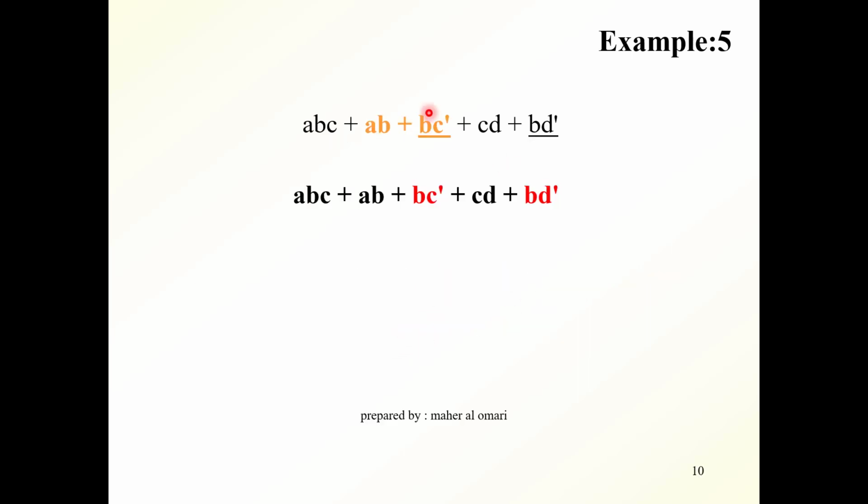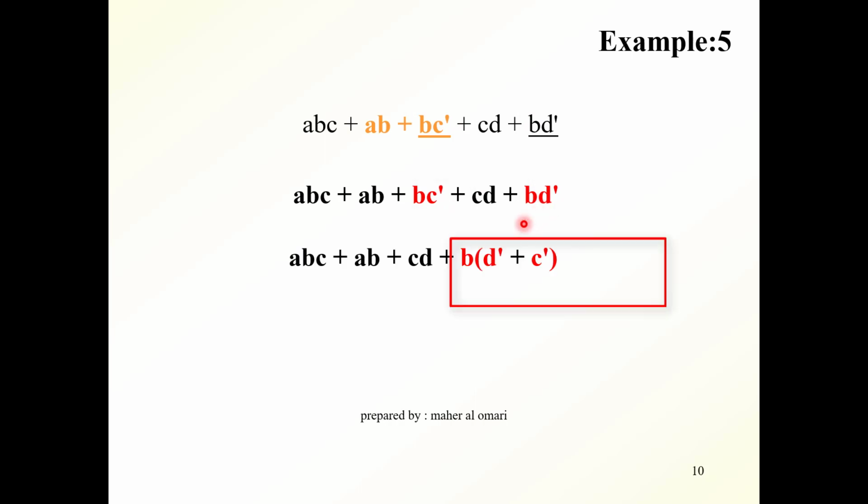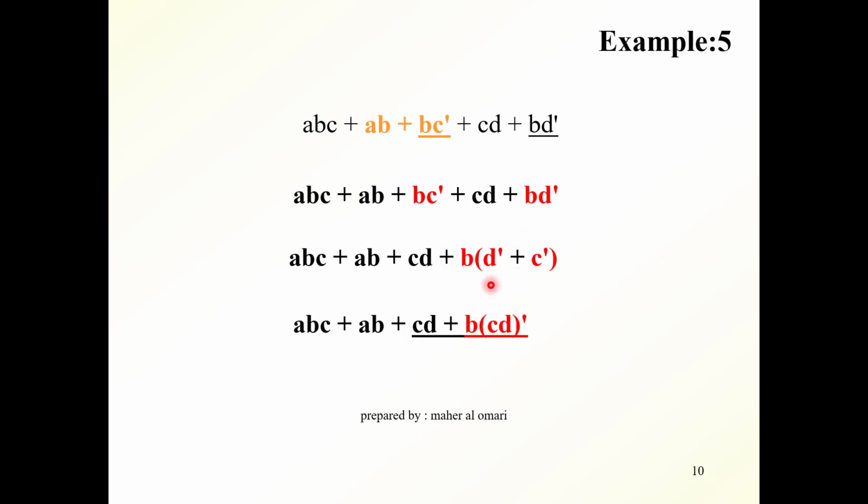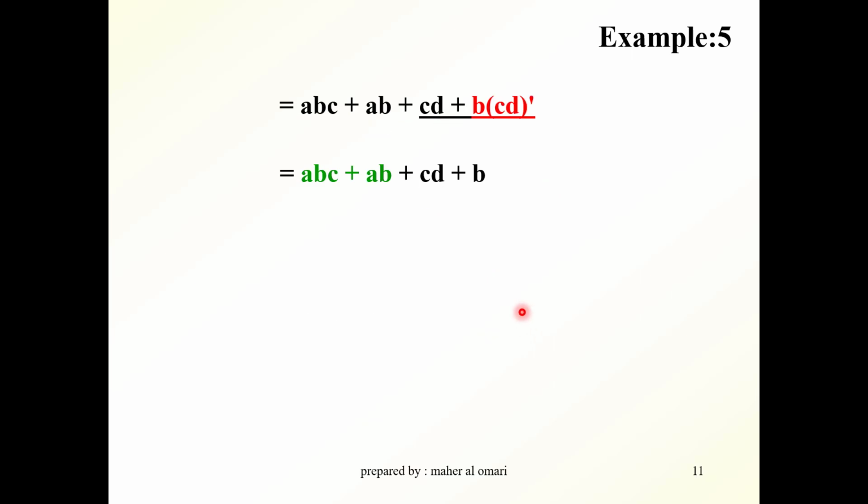Now if we take these two terms together, we will have this. Take the B out of these two, we are left with this. Now from De Morgan's theorem, this part of the term is equal to CD complemented. Now if we take these two terms, these two will lead to this.